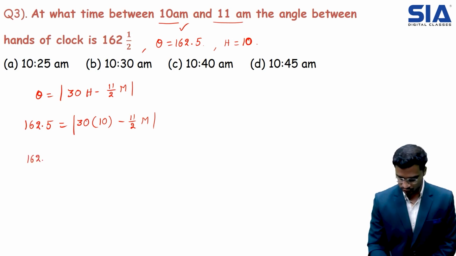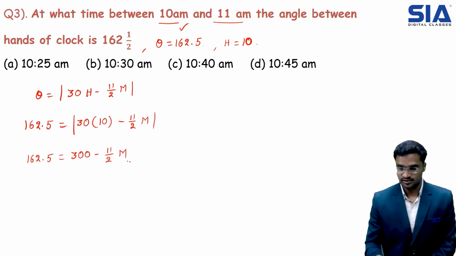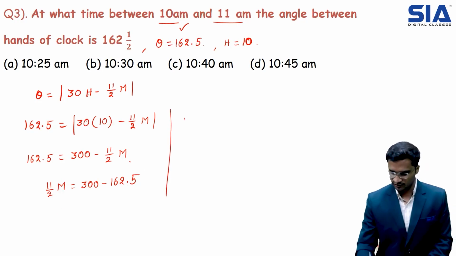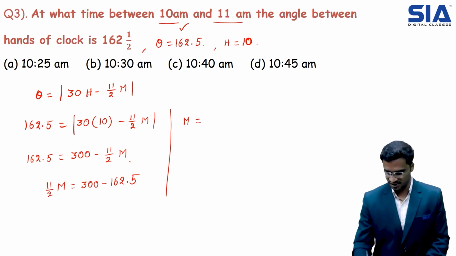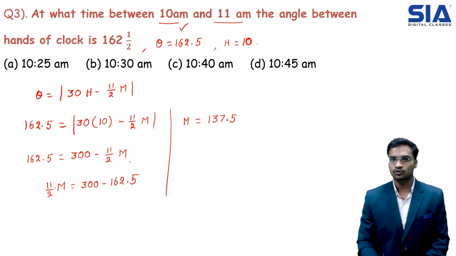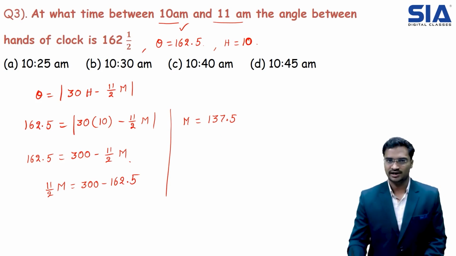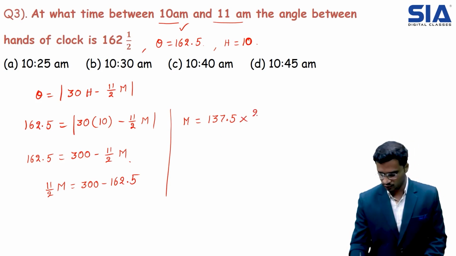So 162.5 equals 300 minus 11 by 2 m. So 11 by 2 m is equal to 300 minus 162.5, which is 137.5. The 11 by 2 goes to the right side and becomes 2 divided by 11.